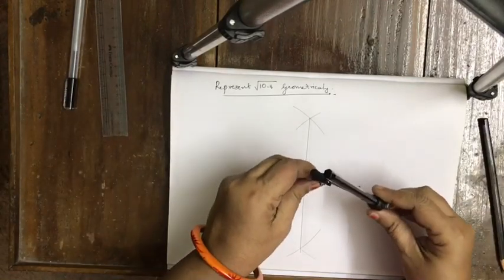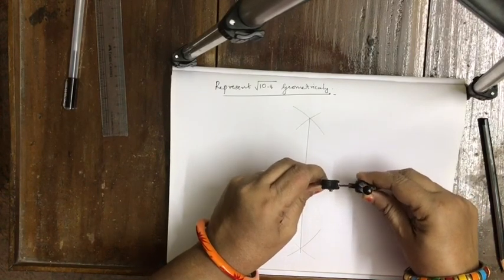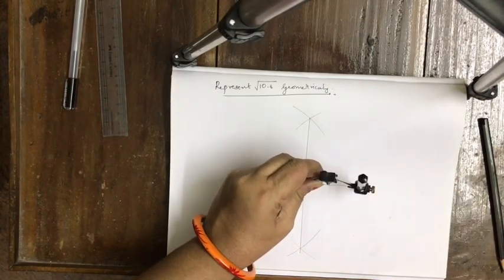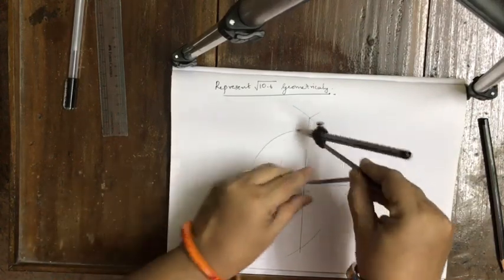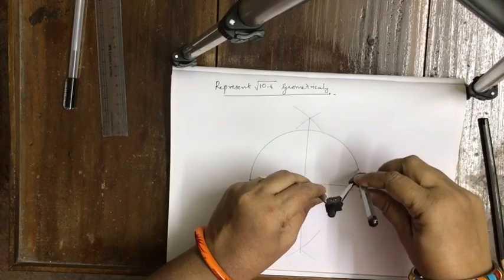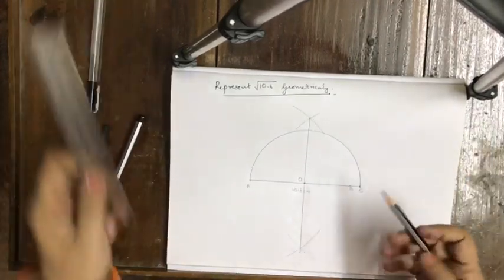Now keeping O as center and a radius equal to OC, OC or OA, both are correct, you are going to draw a semicircle. What's the next step?